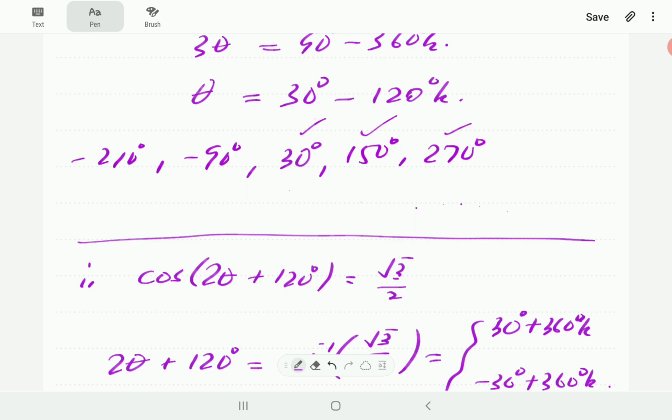Now negative 450, as an angle between 0 and 360, is going to be equal to negative 90, which we already have.